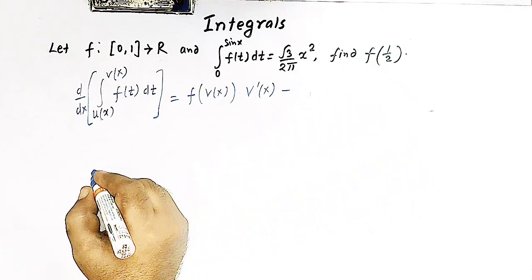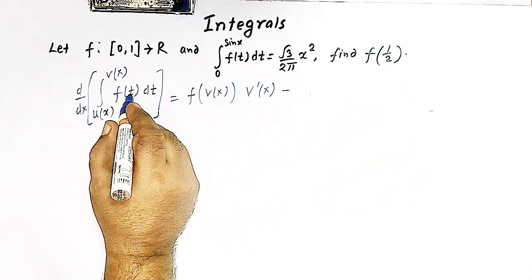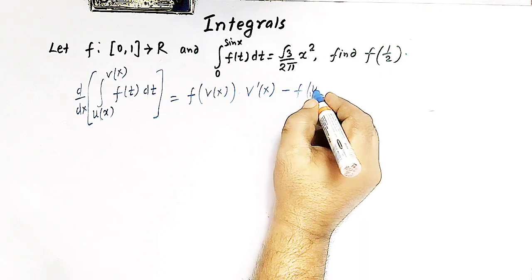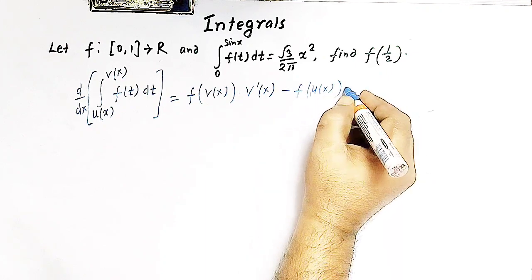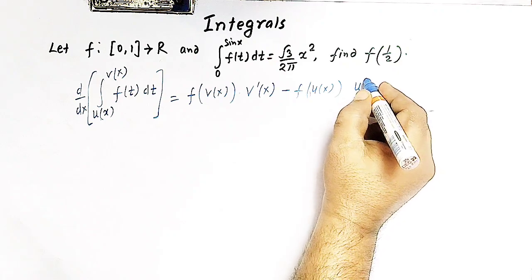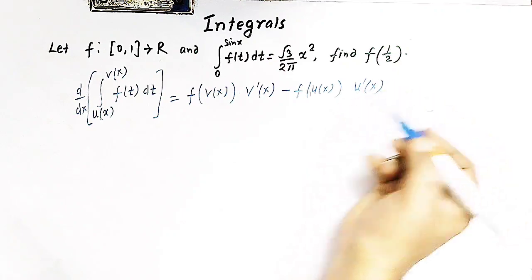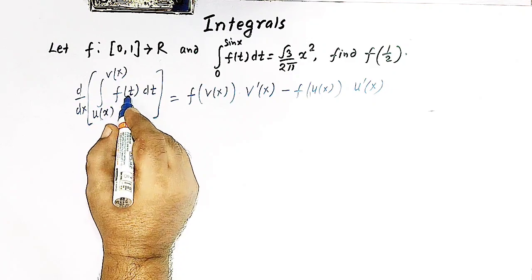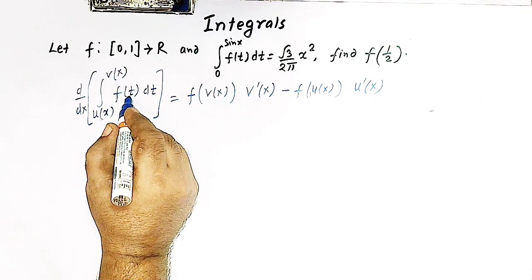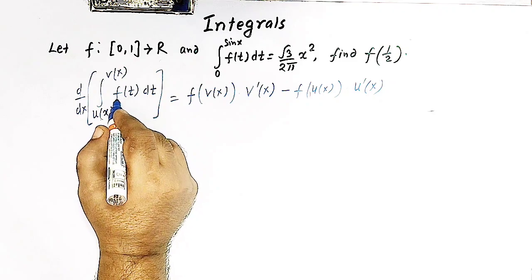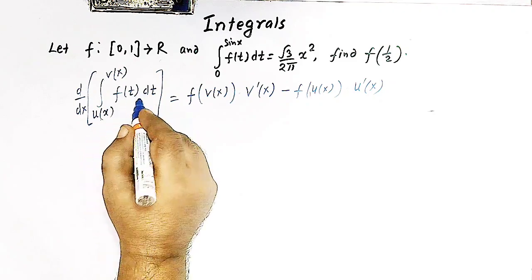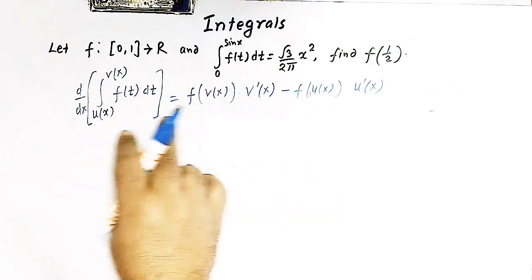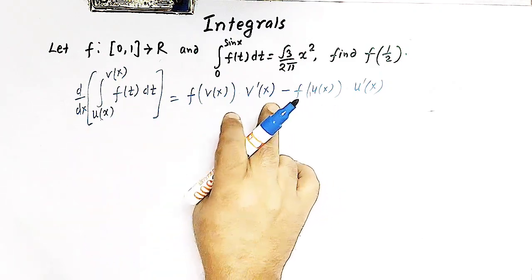Then we have a negative sign, and then we replace t by u of x, so we have f of u of x, and then we differentiate u of x with respect to x. Here we are considering the function f of t only, so the Leibniz integral rule goes like this.